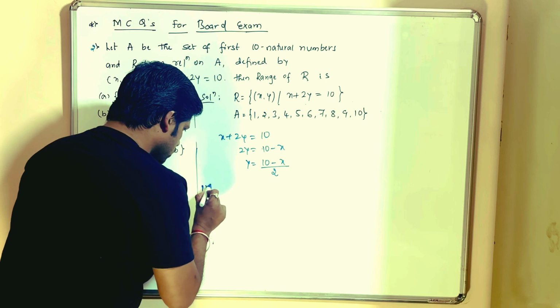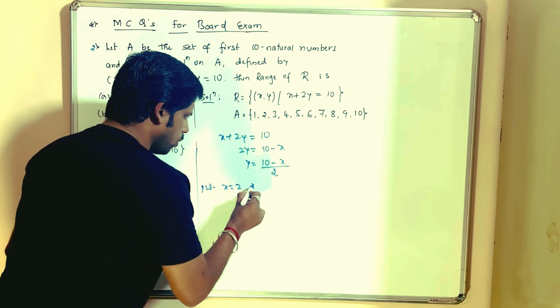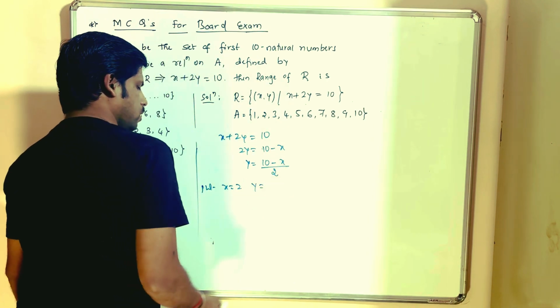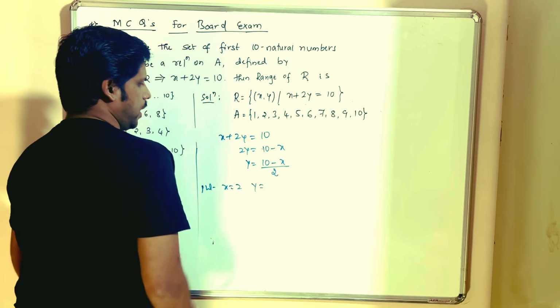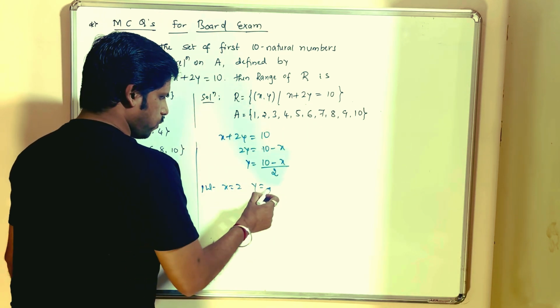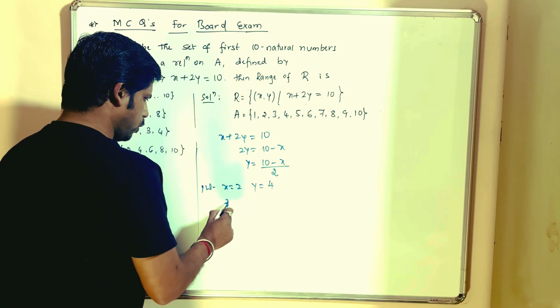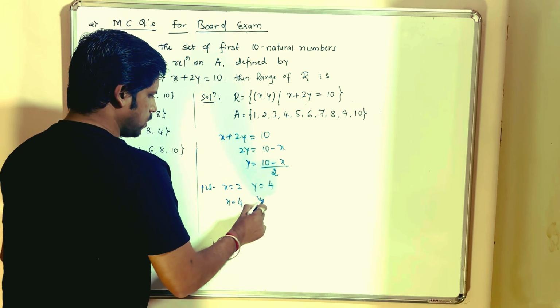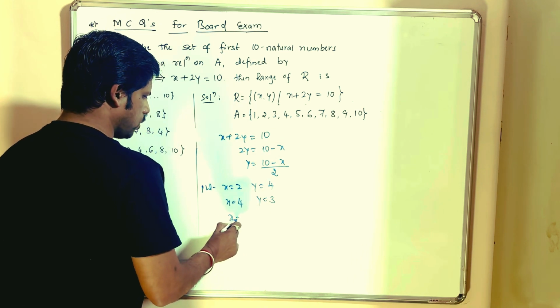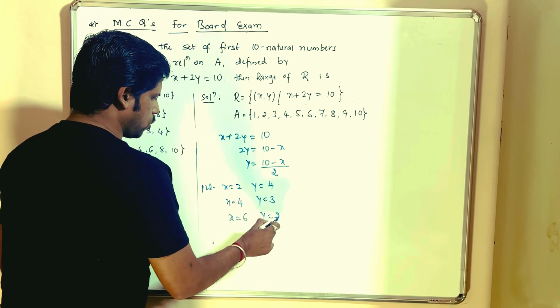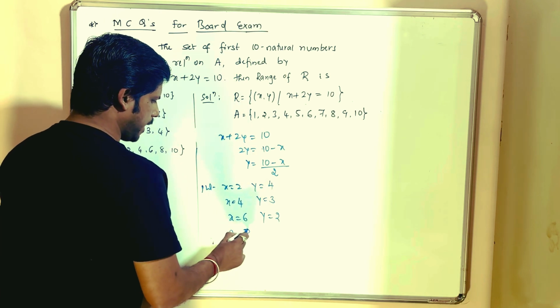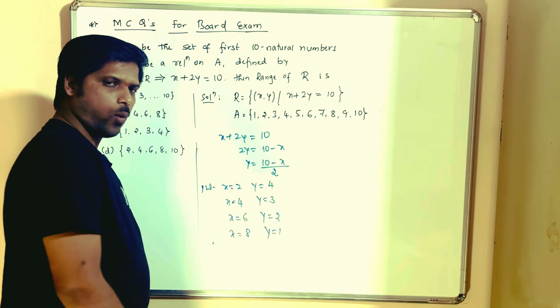So put x equal to 2: y is 10 minus 2 is 8, by 2 is 4. Put x equal to 4: y is equal to 3. Put x equal to 6: y is equal to 2. Put x equal to 8: y is equal to 1.